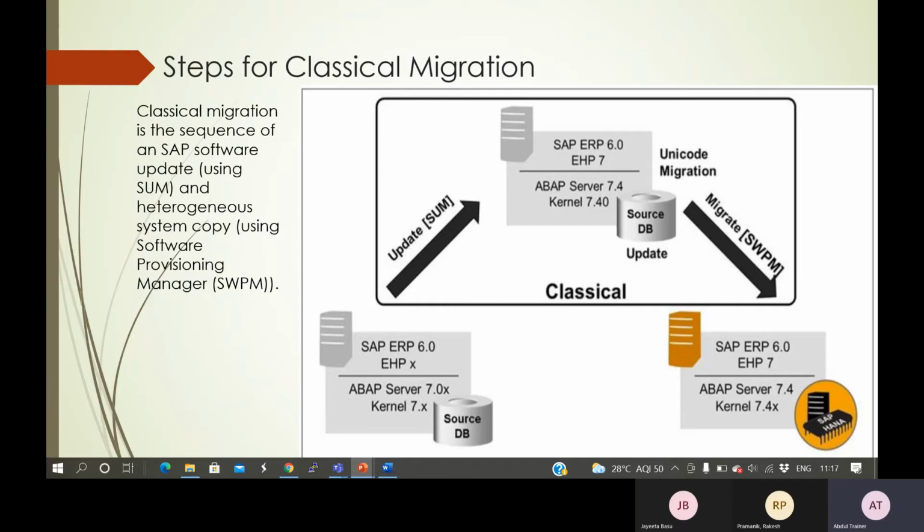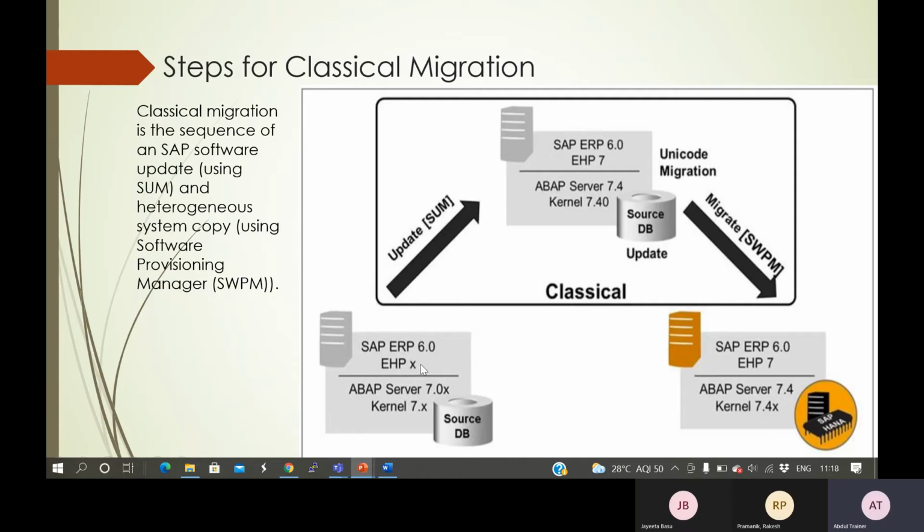Your support pack should be on a certain version, so here you require the upgrade as well. EHP 4 is not supported, so we have to use a supported version. Here you need to perform the upgrade.